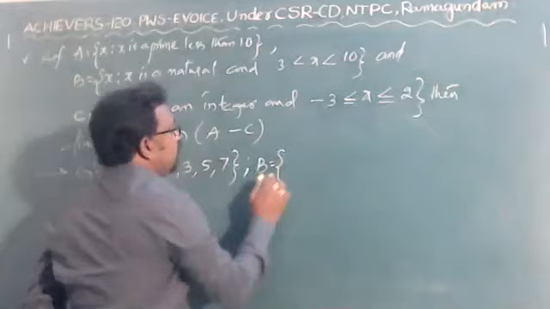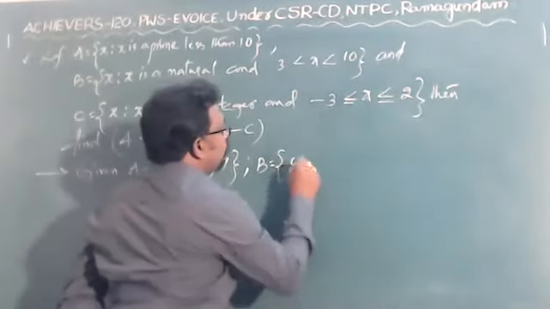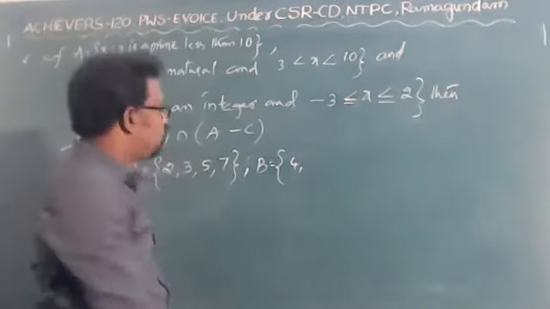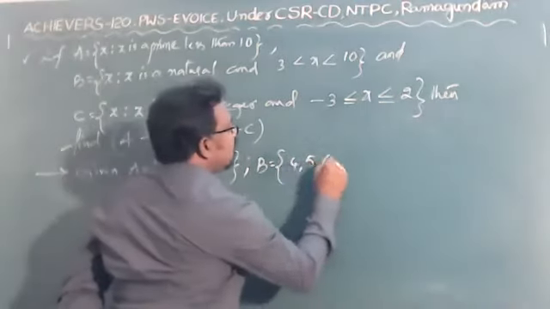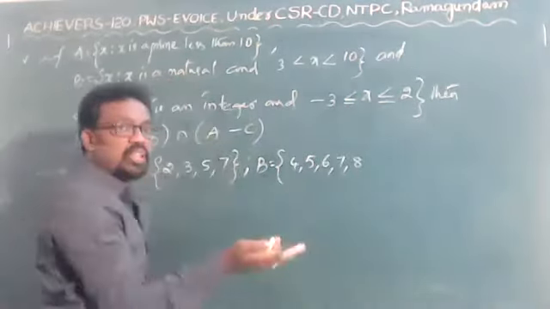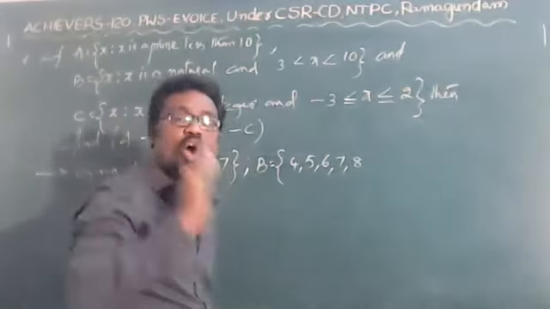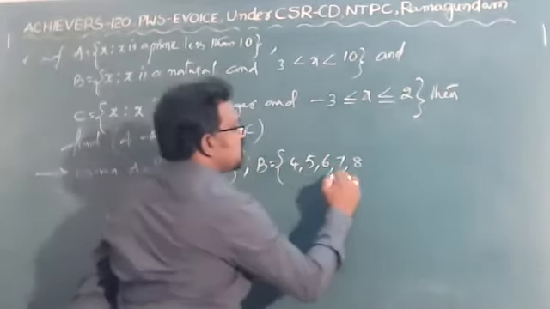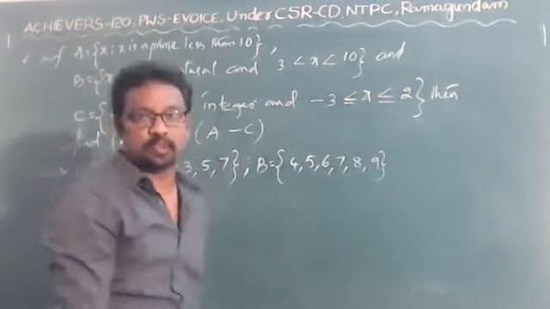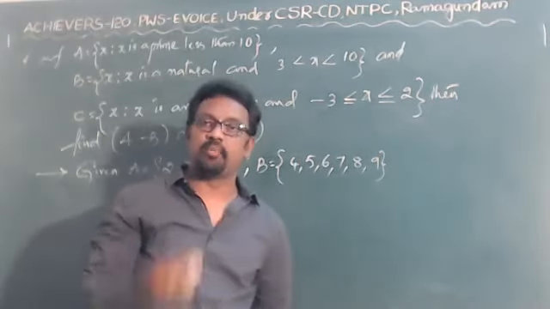So B is equal to 4, you have to start from 4: 4, 5, 6, 7, 8, and 9. Because less than 10, up to 9.